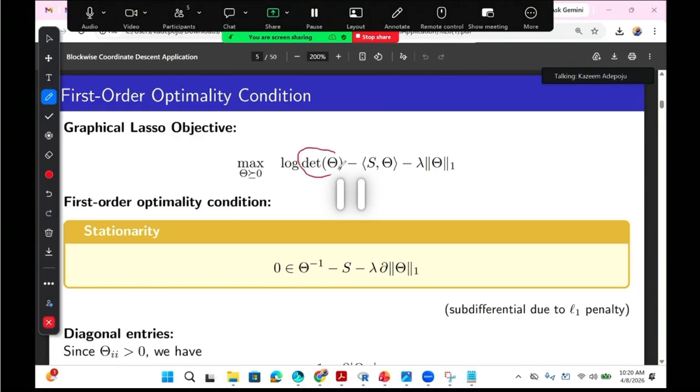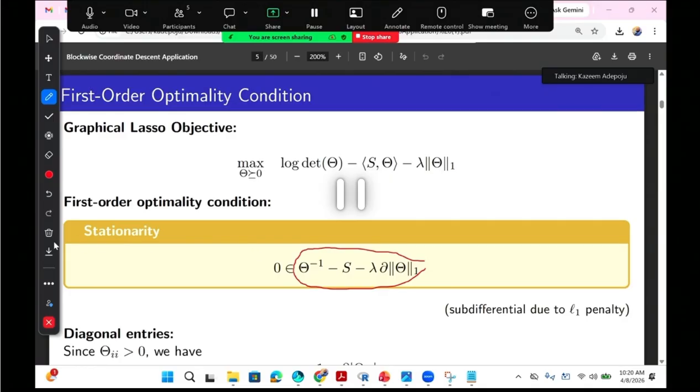Differentiate that, you have that. Differentiate that, you have that. That is the first order optimality condition, where we believe zero lies in that.